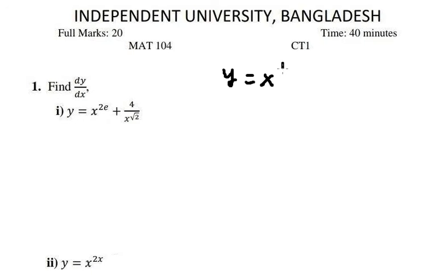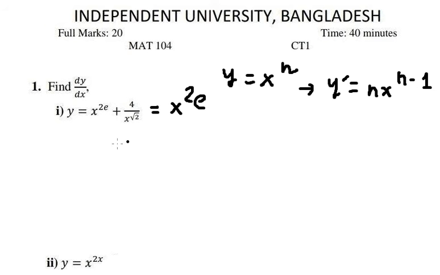When we have s to the power of n, if we do the first derivative, we have n s to the power of n minus 1. So this one in here, we can change into 4s to the power of negative square root of 2.